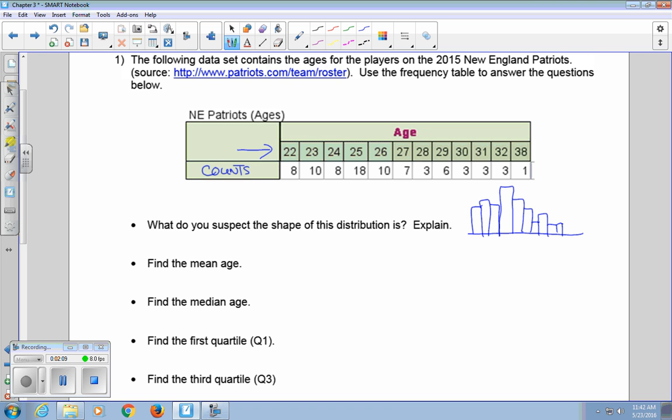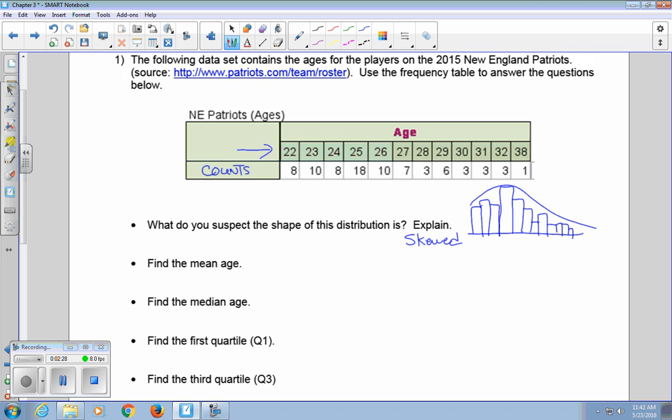As I said, this is a very, very rough sketch of the histogram, but it looks like we're dealing with some skewed data.